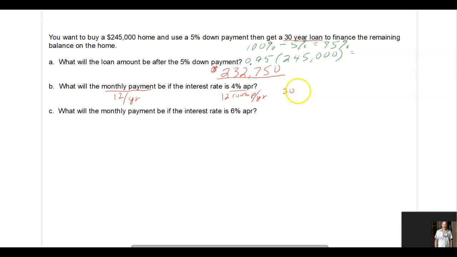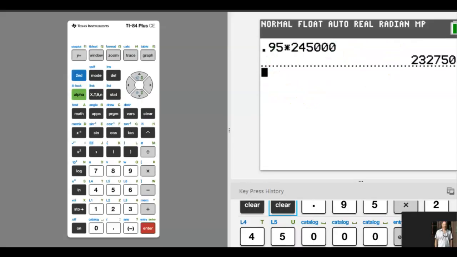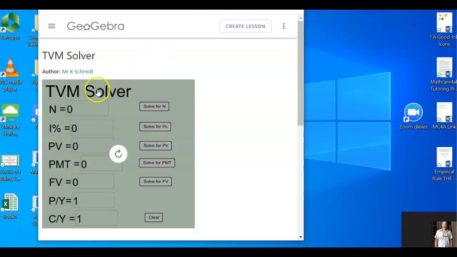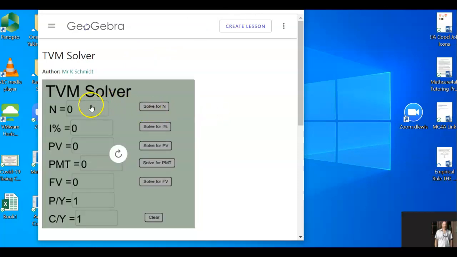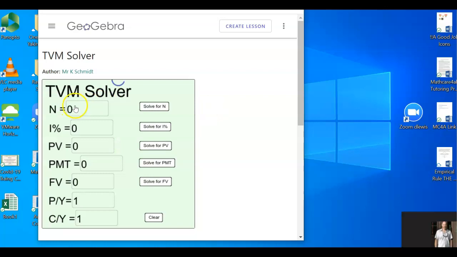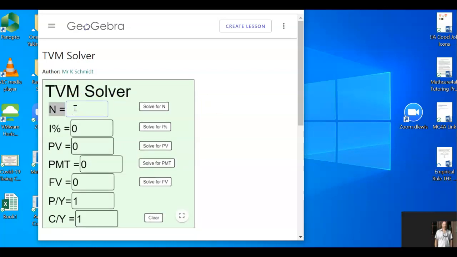So let's go ahead and use the solver for that. So here's the TVM solver, which is very similar to the TVM solver on the TI-84. N is the total number of months, so we have 12 months times 30 years, or 360. Then tab down, and the interest rate is 4%.